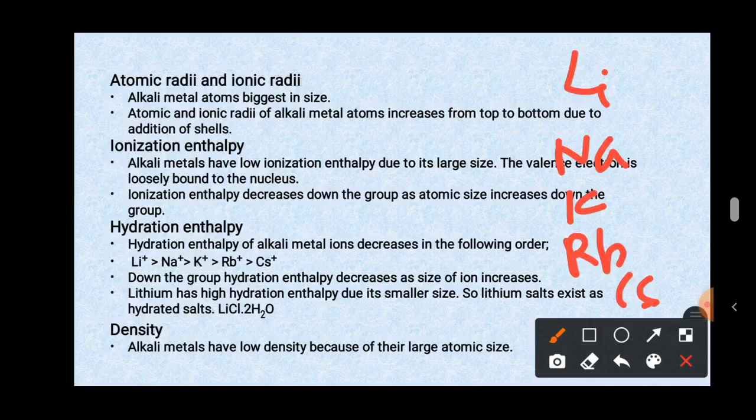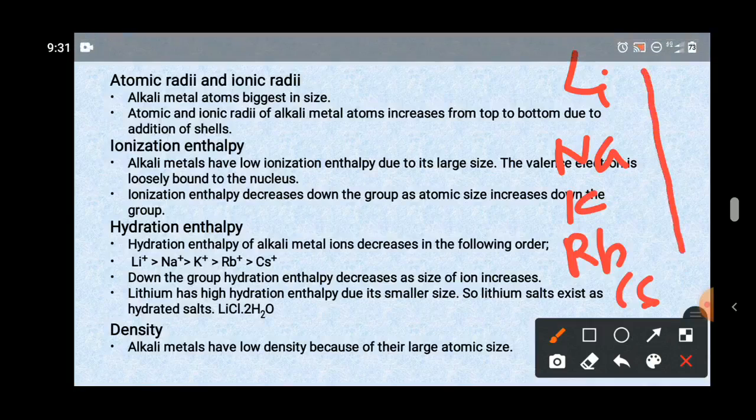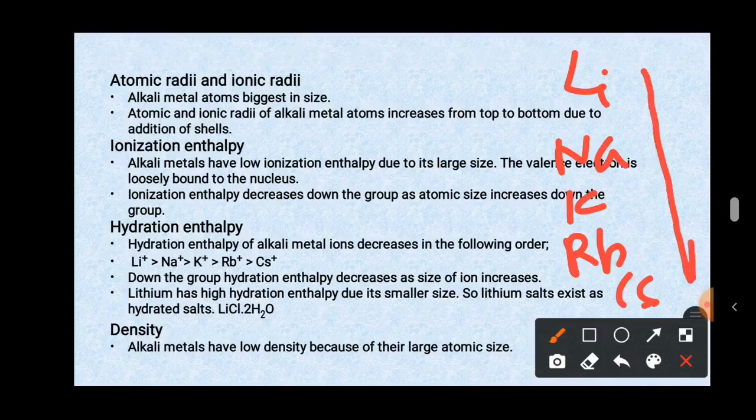So when we move from top to bottom, what happens here? As atomic number increases, you already observed electronic configuration with atomic numbers 3, 11 and so on.